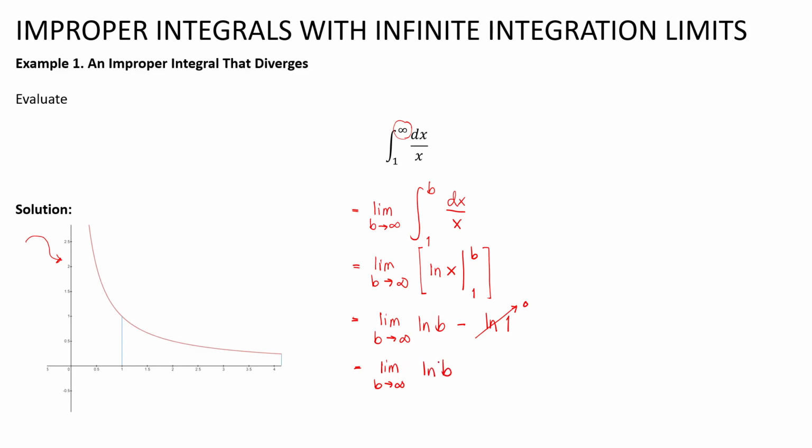So how are you going to evaluate ln of infinity? I think in your differential calculus, you try to plug in a very large number for ln. So let's say ln 9999999. Notice that as you plug in bigger numbers, the value gets bigger, right? So the answer is infinity.